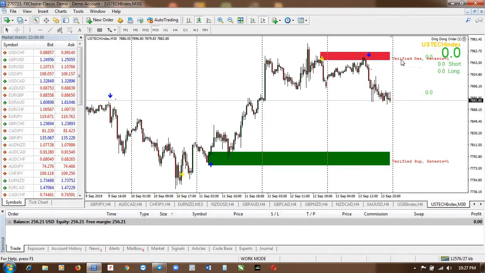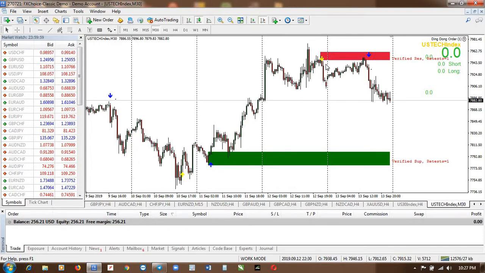No, it's a verified resistance area. Look at the yellow arrow, look at the blue arrow. Are you getting me? So if you want to take this sell signal from a 1 hour time frame, you can go to 30 minutes and check if maybe the two arrows have shown.